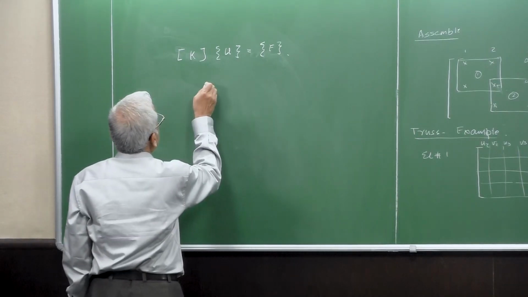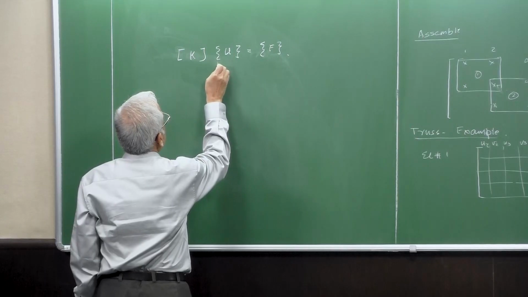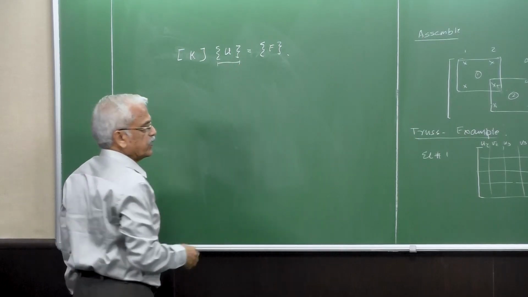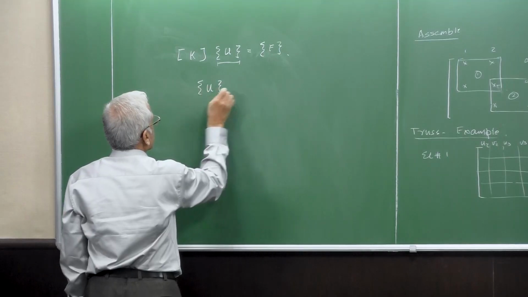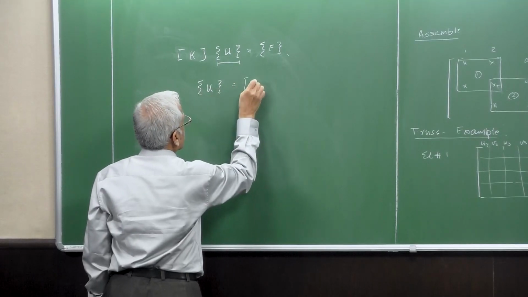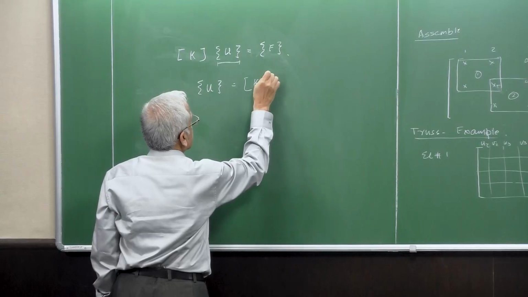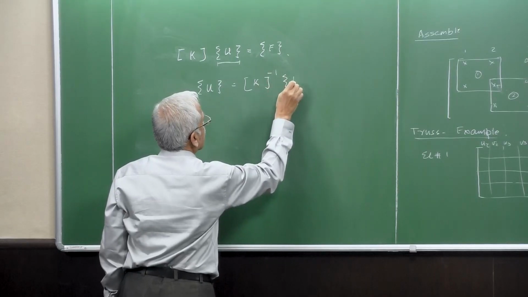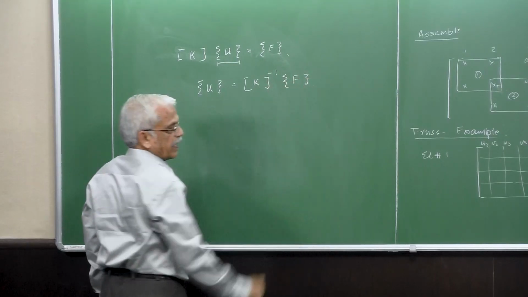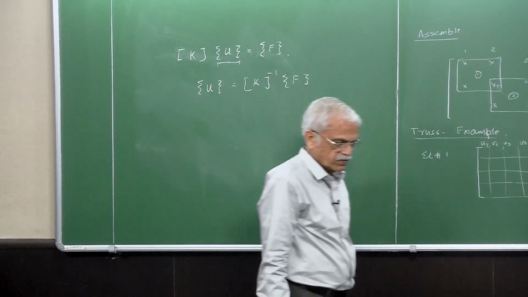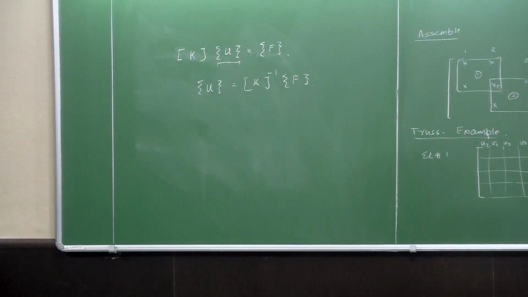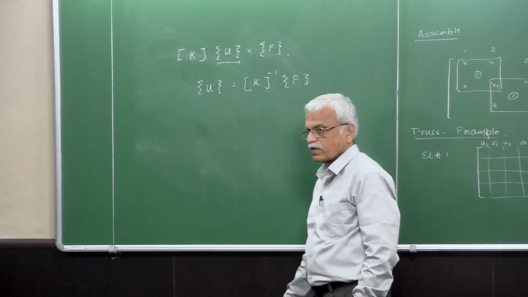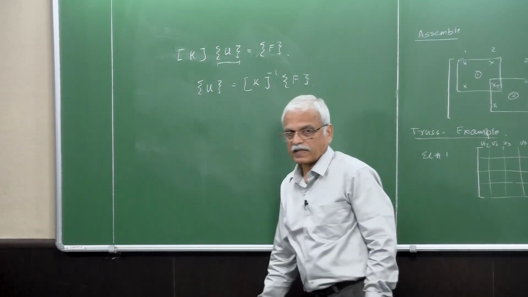It looks like we can solve for U by taking the inverse of K and multiplying with F. Okay, that seems to be a straightforward way of solving the set of equations.